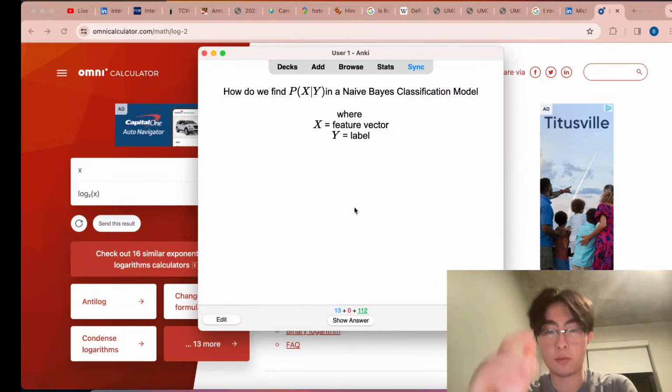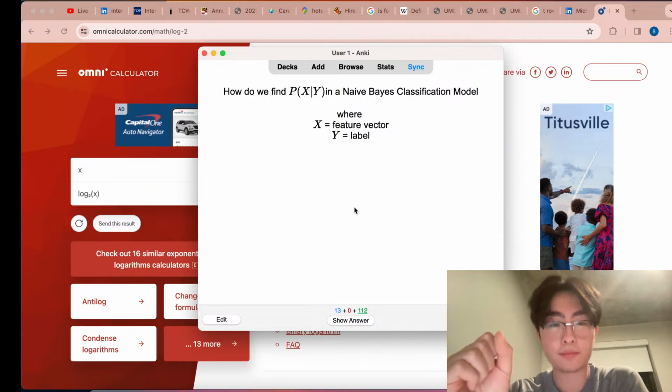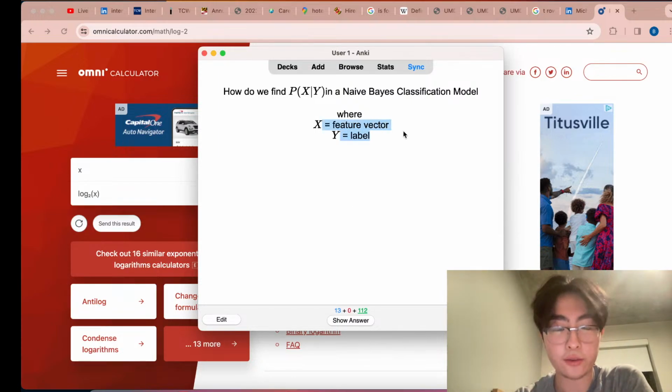And in this case, the way we calculate it is, I even have it right here. I wasn't even paying attention. But x is equal to a feature vector, y is equal to a label.